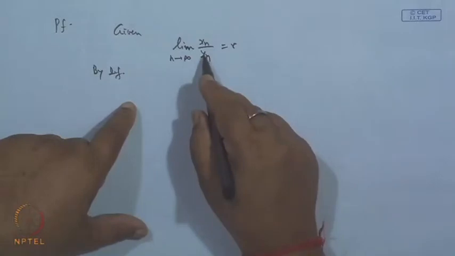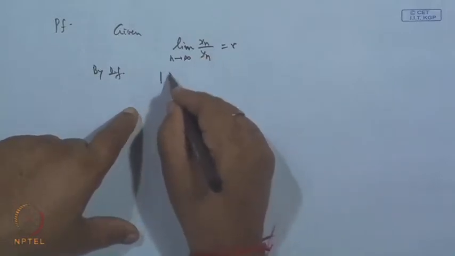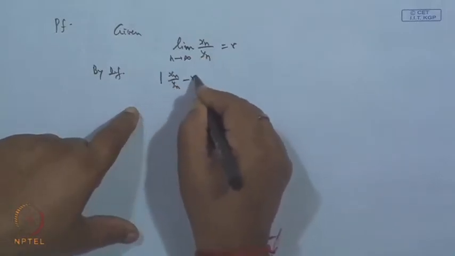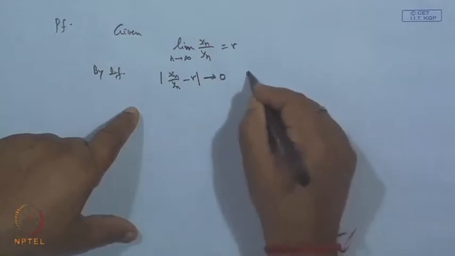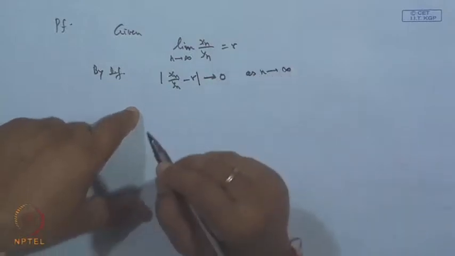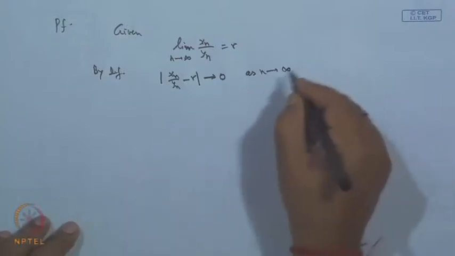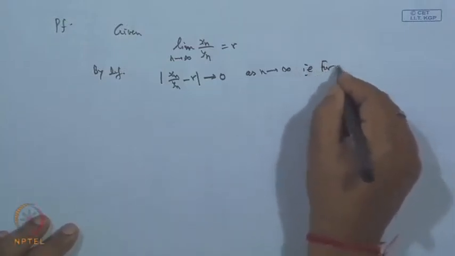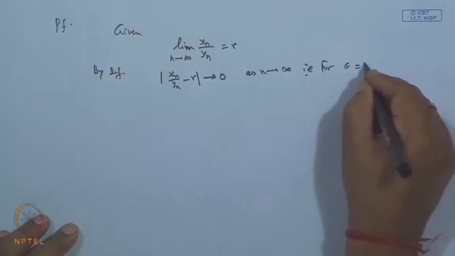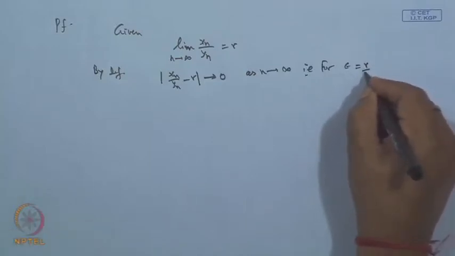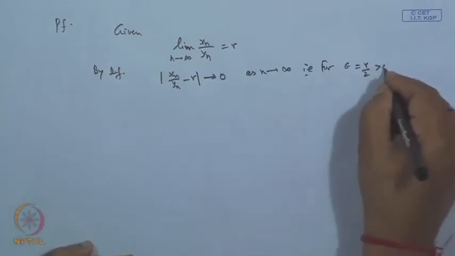By definition, this mod of x n over y n minus r will go to 0 as n is sufficiently large, or for a given epsilon, say equal to r by 2, which is greater than 0.